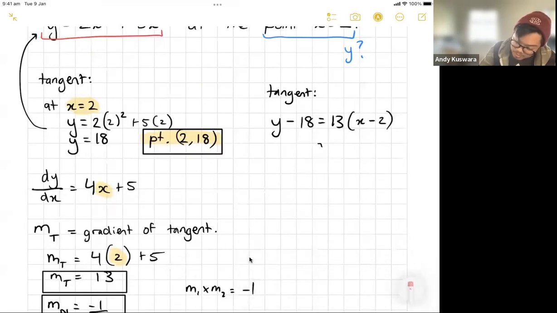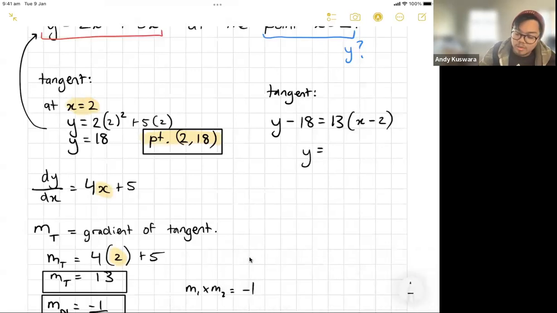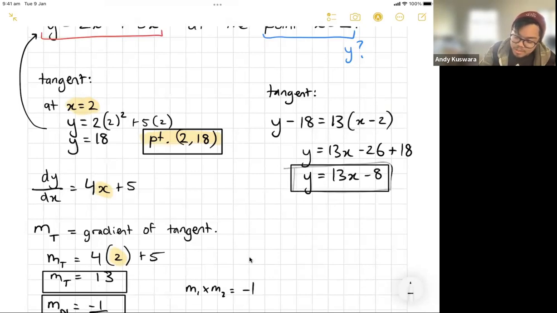For this one, it looks like it'll be easier for me to leave it in gradient-intercept form. 13x minus 26 plus 18. I'm going to leave that as y equals 13x, and then what's minus 26 plus 18? I think it's going to be minus 8. There's your equation of the tangent.